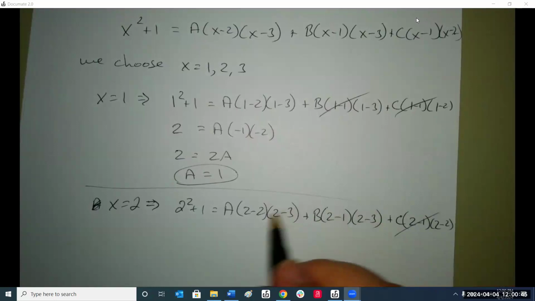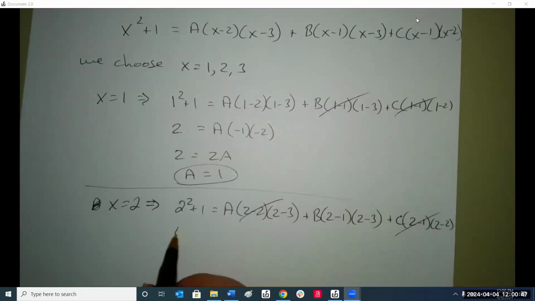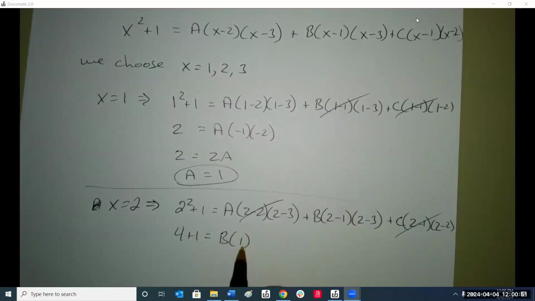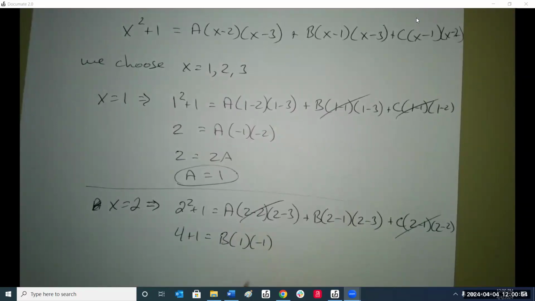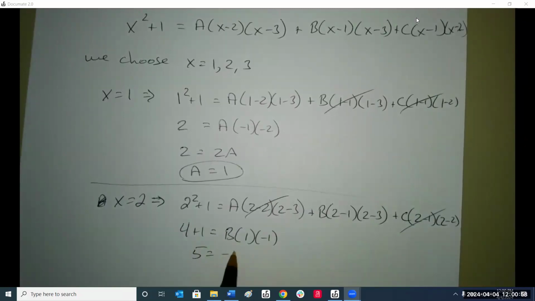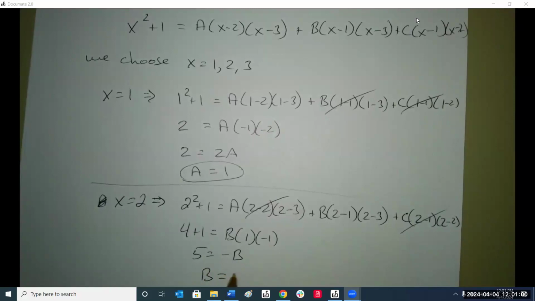So that's 0, that's 0. So we have 4 plus 1, so we have 5 equals negative B. So B is equal to negative 5.